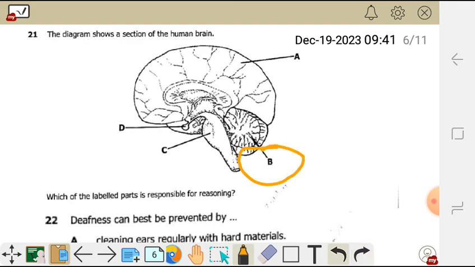The cerebellum is involved in balance, coordination, and regulation of balance. The medulla oblongata is responsible for heart rate, blood pressure, and breathing. Now the cerebrum is responsible for reasoning. So the correct answer is A.